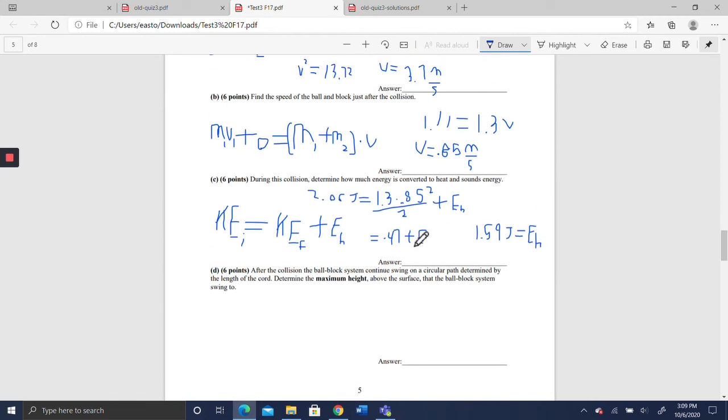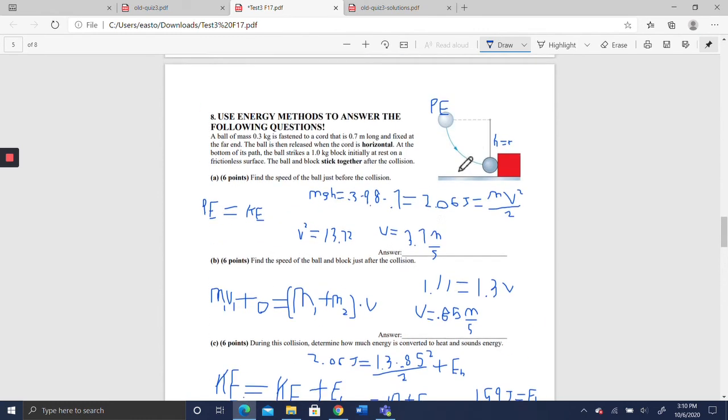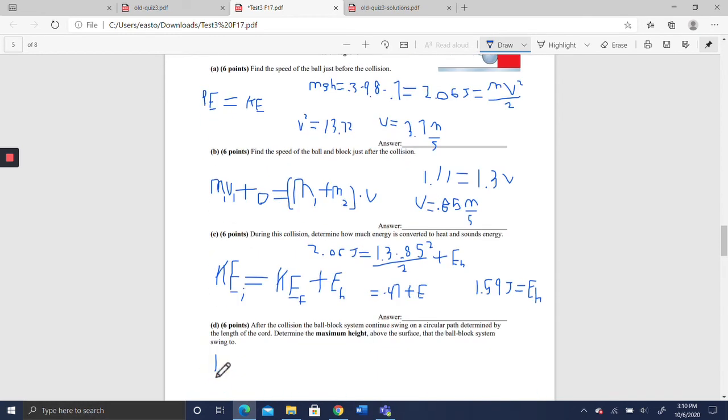Hopefully that answer made sense. Now we want to determine the maximum height above the surface that the ball will rise. So this is just going back and converting kinetic energy into potential. Our new kinetic energy is the value we calculated right here.